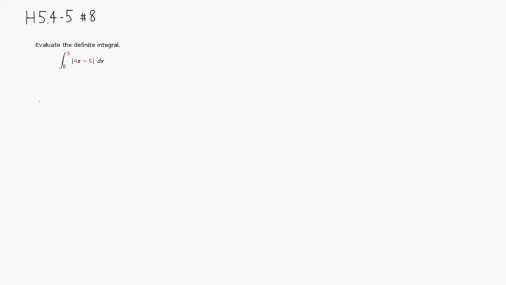So if you have the absolute value of 4x minus 5, it has two formulas.